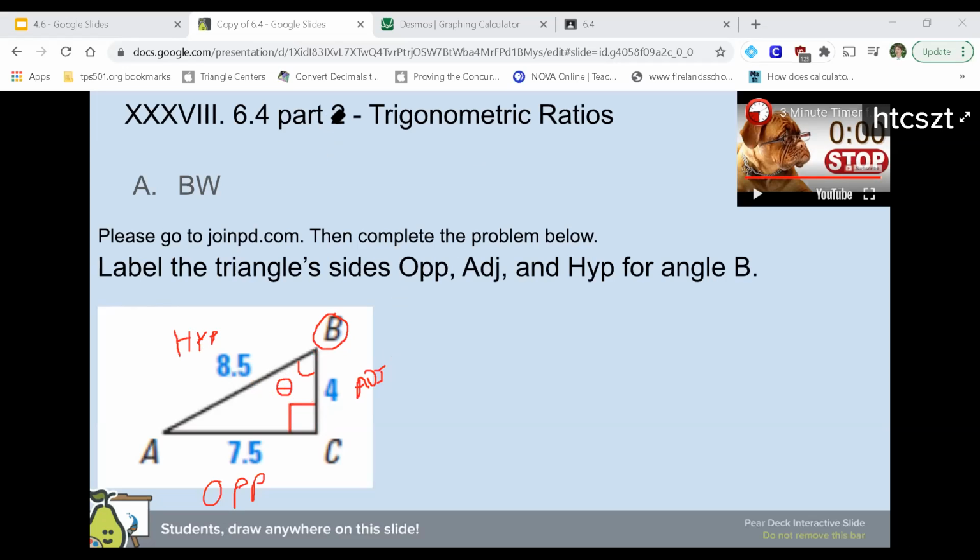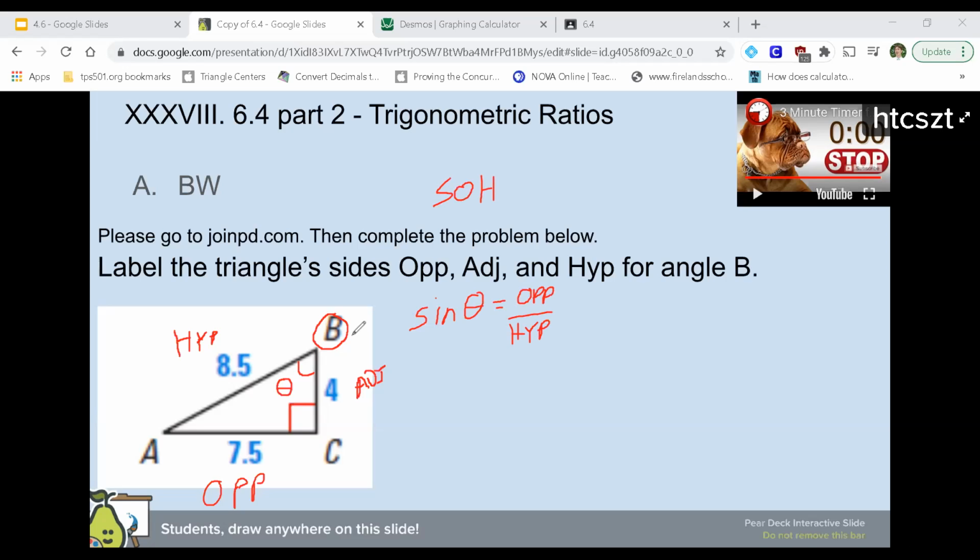Okay, I'm going to take this one step further than I asked you to. Let's go ahead and use our formulas to write our 3 trigonometric ratios for angle B. All right, so to do that, you should have in your notes from last time that the sine of any angle is the opposite over the hypotenuse.